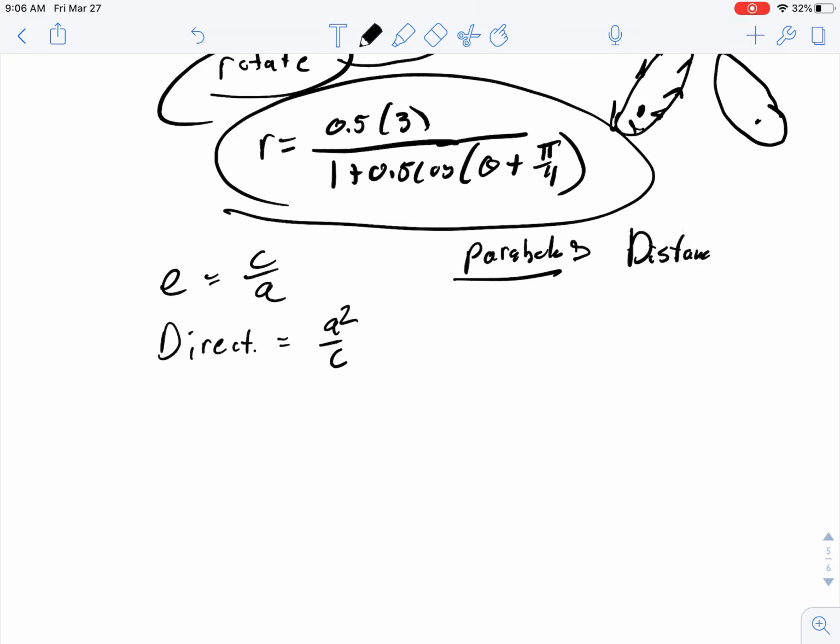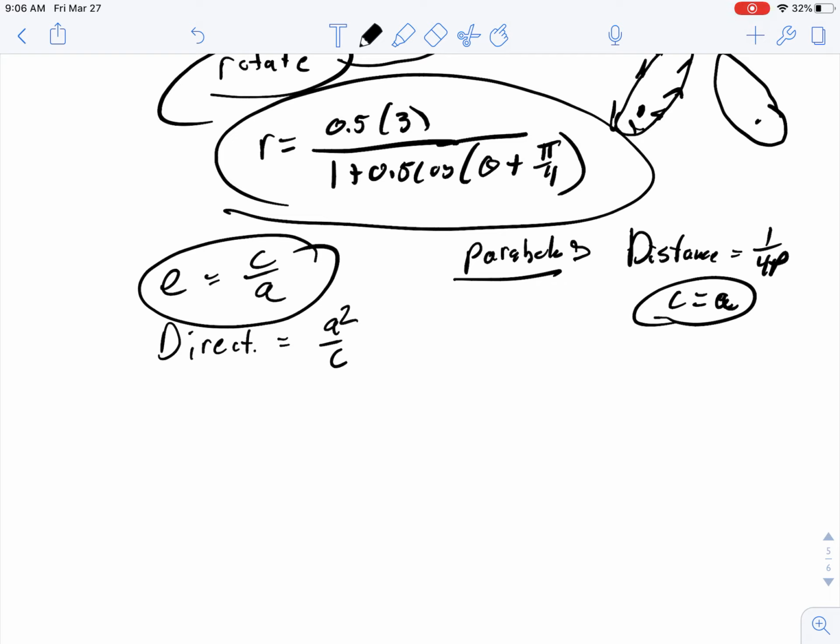Write that down: distance equals 1 over 4p for a parabola, and that would mean your C equals A. So that's unique to be able to get that information. For the other ones, the C and A are given here. You need to be able to find your total distance, which is the distance from your focus to your directrix.